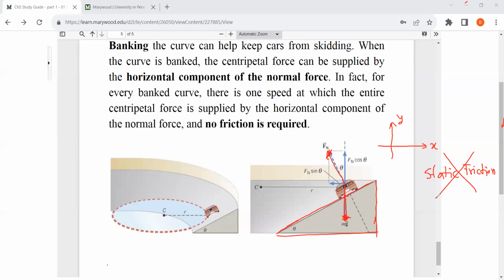You know that to keep something in a circular path, someone needs to supply some force that is to the center of the circular path.